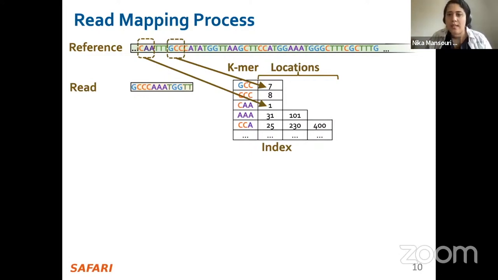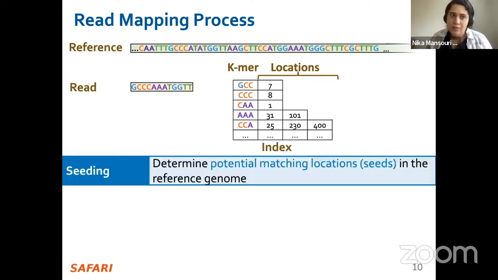So how do we look up this index? Read mapping is usually a three-step process, and the state-of-the-art mappers involve several heuristics to reduce the cost of expensive alignment computation. Let's see what these steps are. In the first step, called seeding, we want to determine some potential locations in the reference genome, called seeds, that the reads might potentially align to. Instead of going through those 3 billion locations and checking one by one, we want to already find some candidates.